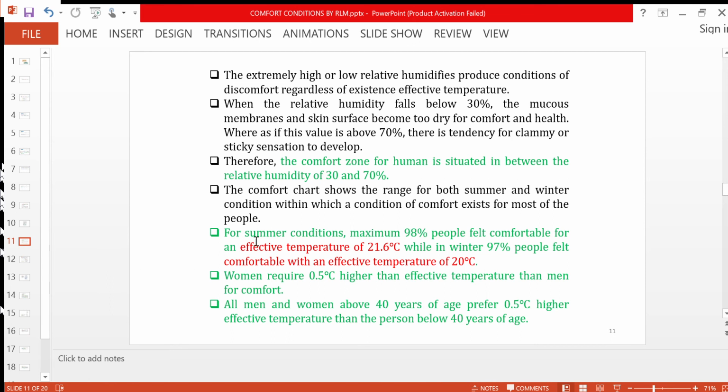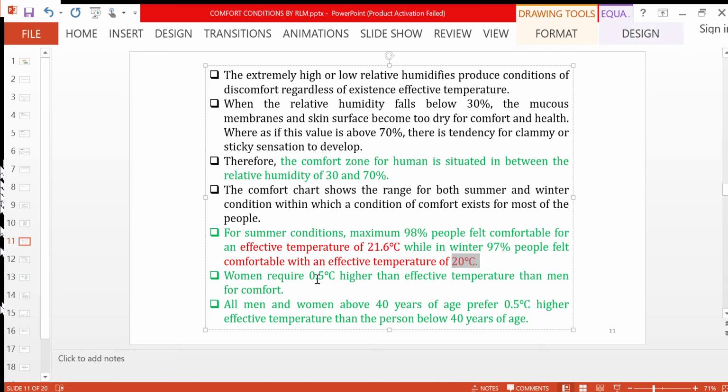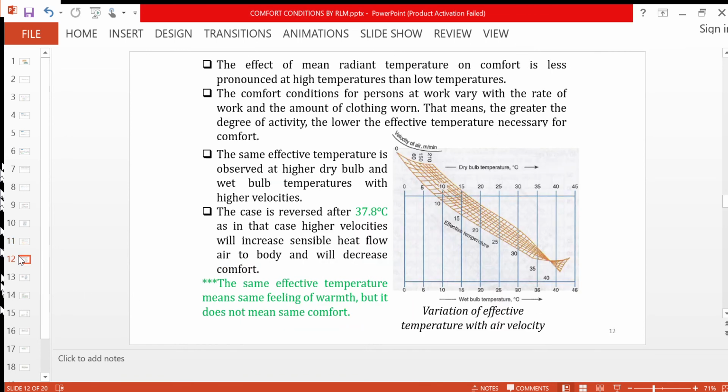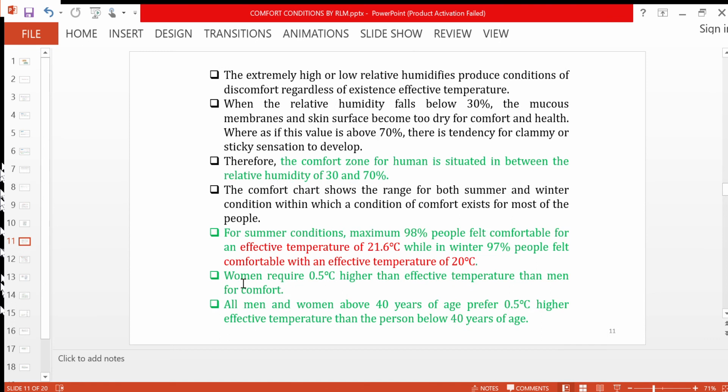One of the major observations is that in summer conditions most of the people felt comfortable at the effective temperature of this much, and in winter the effective temperature is this much. So the conditions that give rise to this effective temperature are to be maintained. It also depends on gender, and age of the people are also factors which influence the effective temperature.